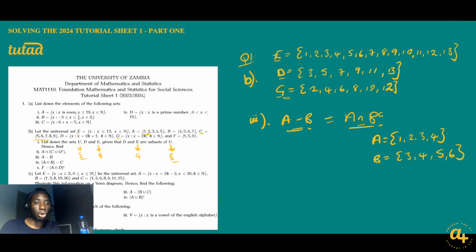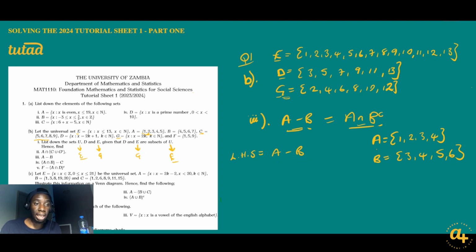Okay, so this is set B. Now let's start with the left hand side, where we have A minus B. A minus B just means that from the set A, remove all the elements that are in B.